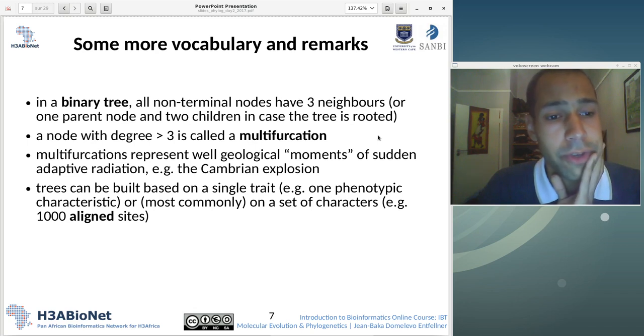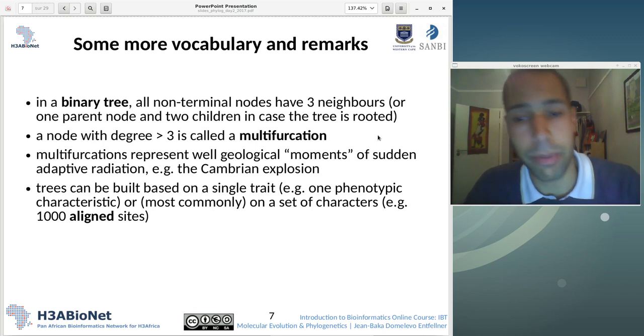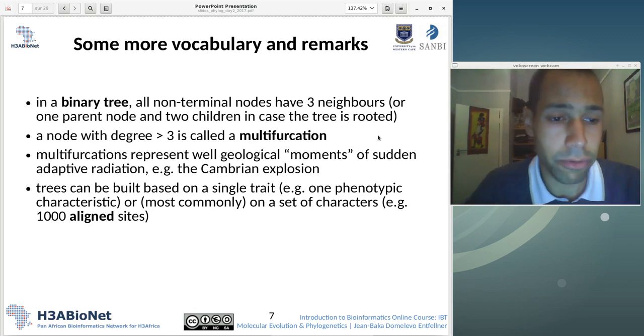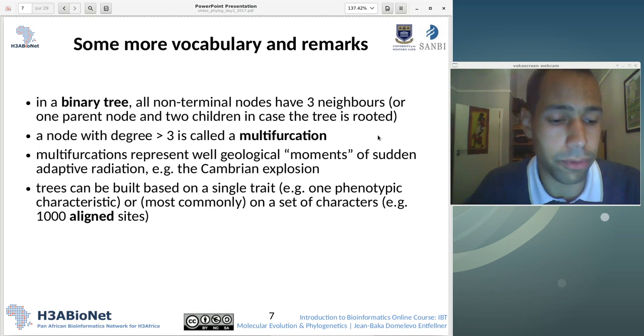So multifurcations are a common way to represent moments of sudden adaptive radiation. So when many species appear more or less simultaneously, I say moment between inverted commas because of course speciation events are in fact taking place over many generations, so over many centuries.